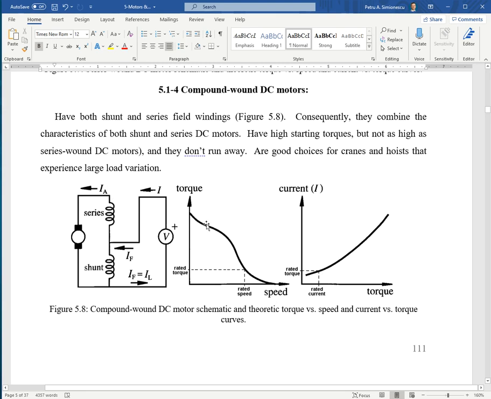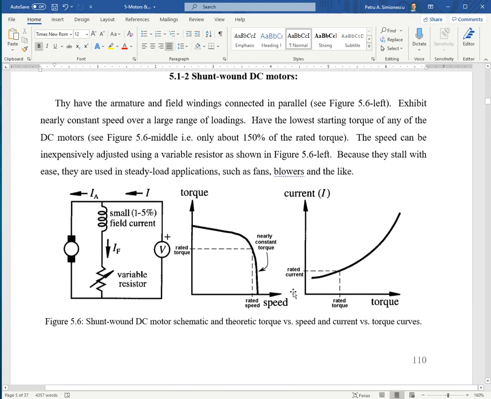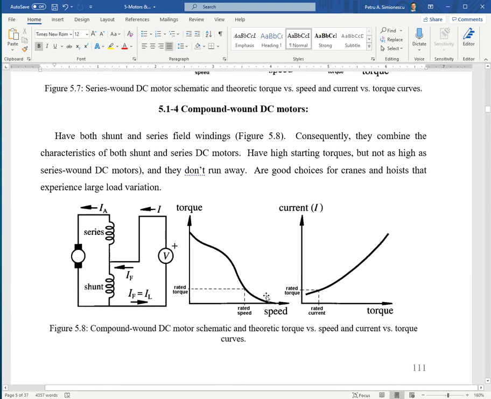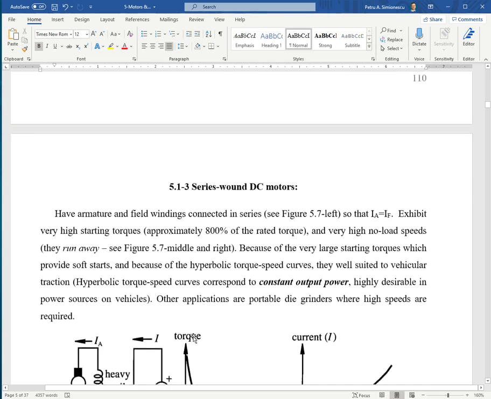The torque speed curve starts looking like a combination of the earlier two motors, with a welcome increase of the stall torque versus the shunt wound design. It's self-limiting, does not run away, does not get to very high speeds, and applications listed here are cranes and hoists and others.